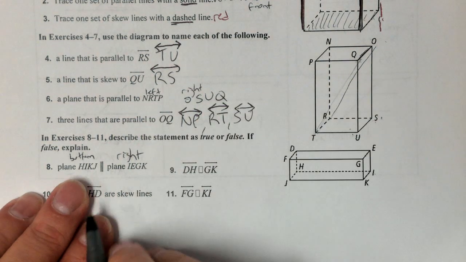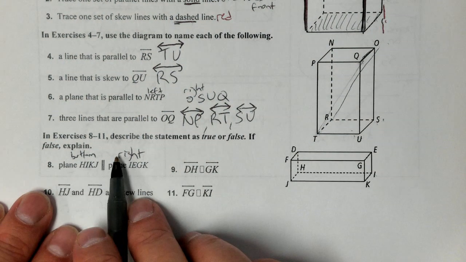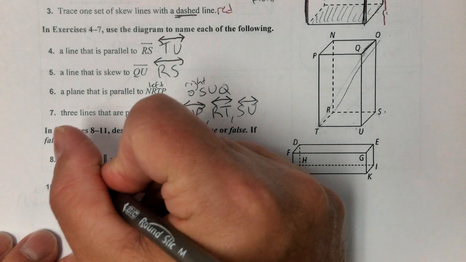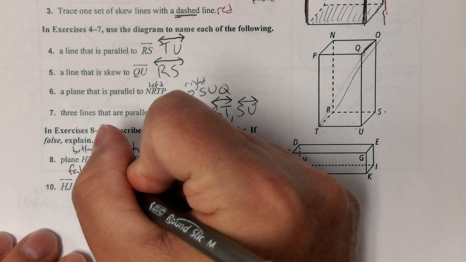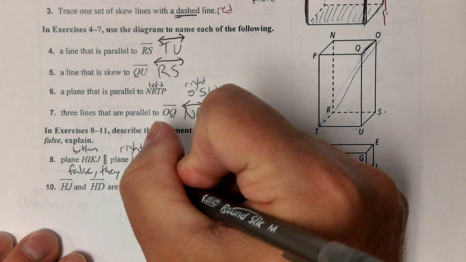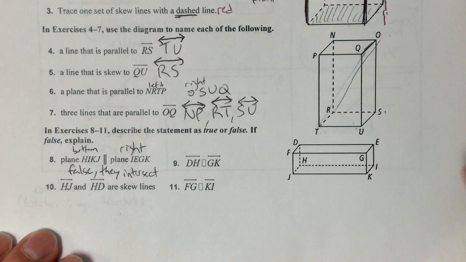So if you just identify bottom and right, it's not bottom and top, so that wouldn't be parallel. So that's going to be false. They intersect. False, they intersect.